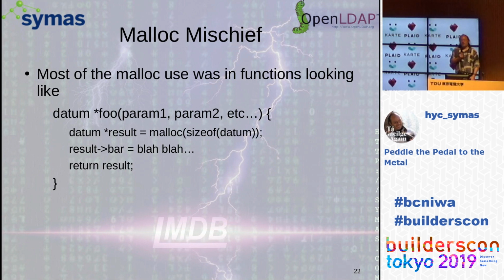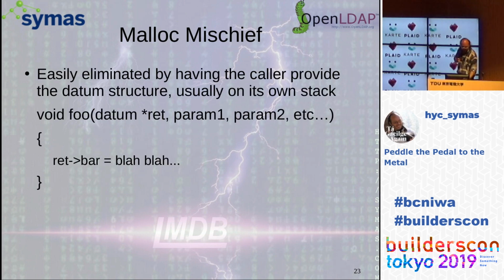Most of the functions that were in our code base looked a lot like this, where you want to operate on some data and then return a result, and the function always malloced a structure to contain the result. This is a very common pattern in a lot of code written in the 1990s, I suppose.